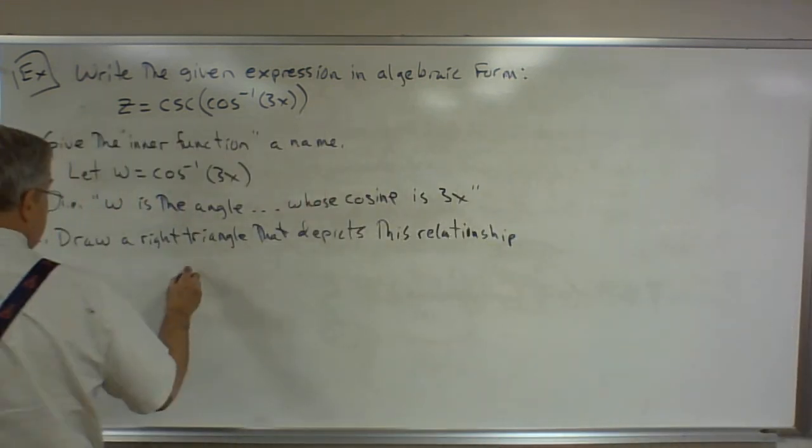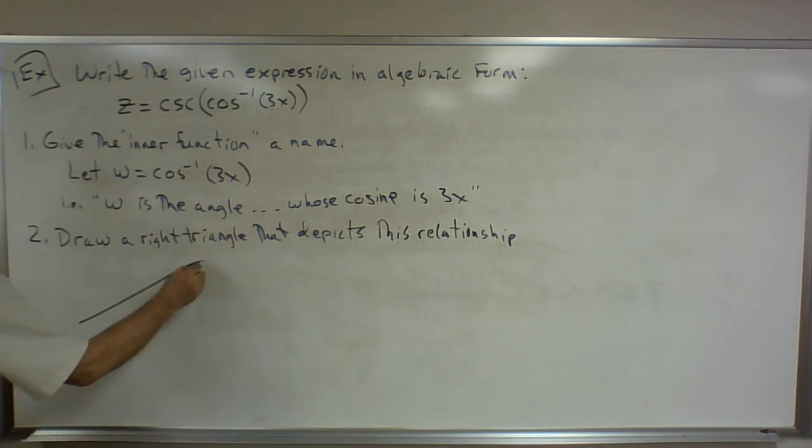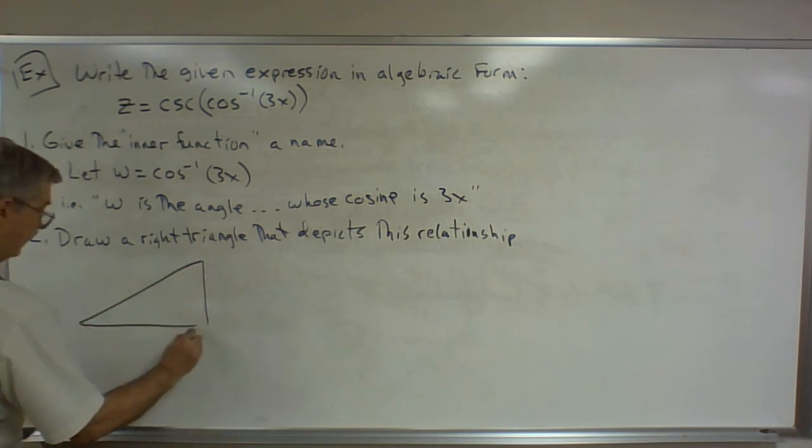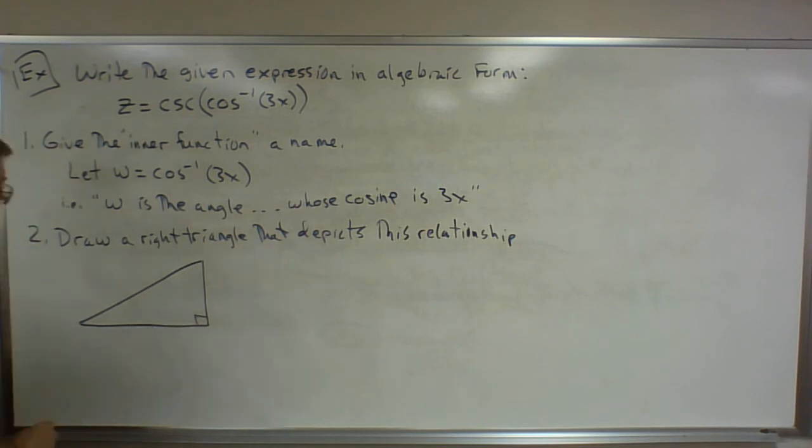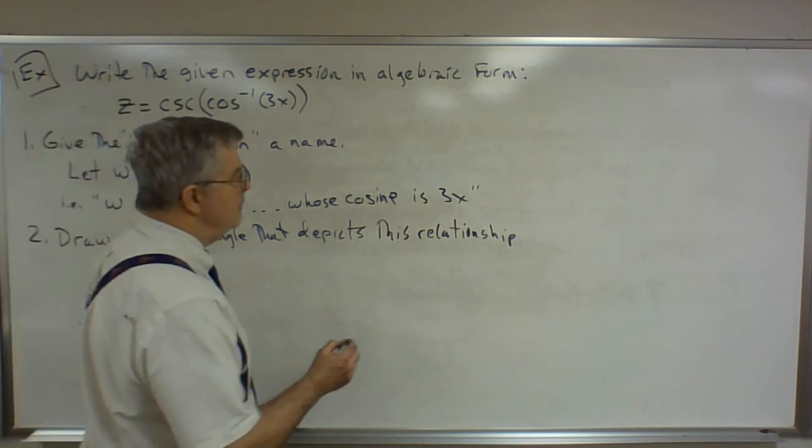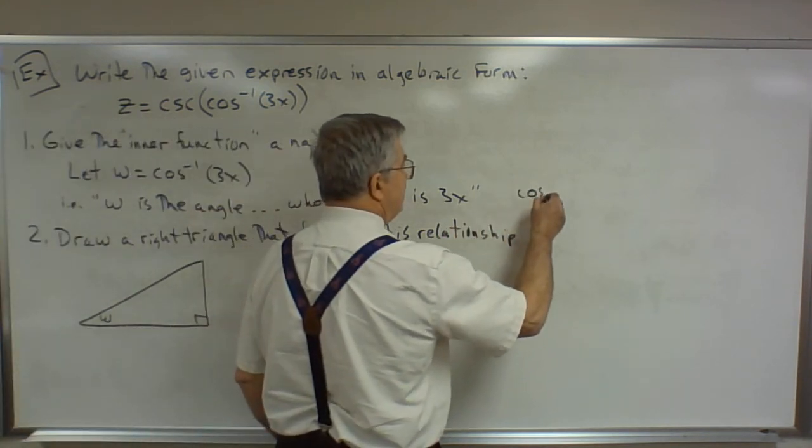Okay, here's our right triangle. And w is one of the angles, so let's put the w right here. And it says its cosine is 3x.